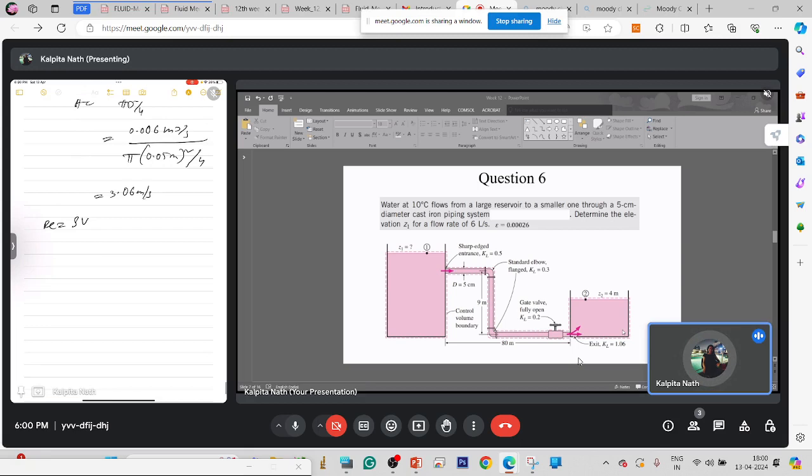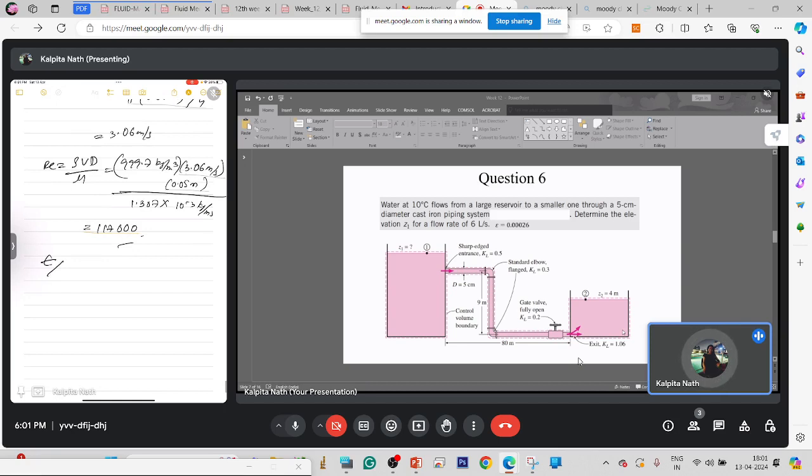Reynolds number is rho V D by mu, which is 999.7 kg per meter cube times 3.06 meters per second times 0.05 meter, divided by 1.307 × 10^-3 kg per meter second. This is 117,000. This Reynolds number is far greater than 4000, so the flow is turbulent obviously.